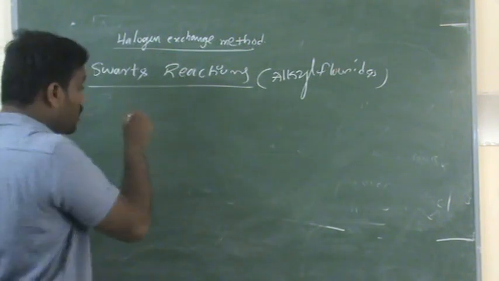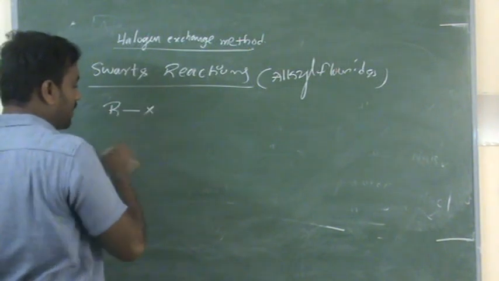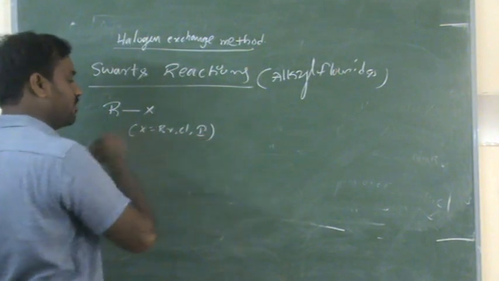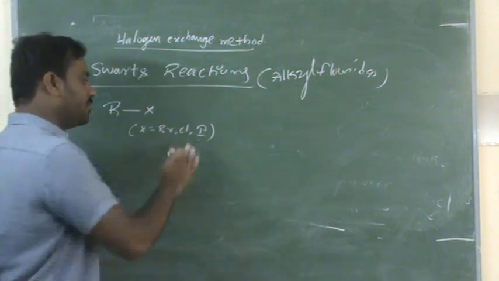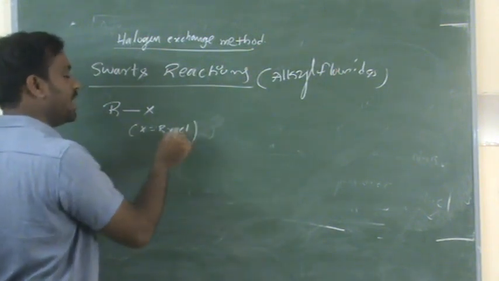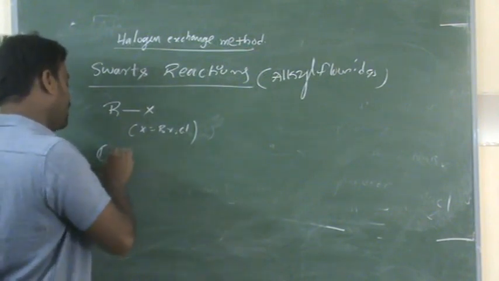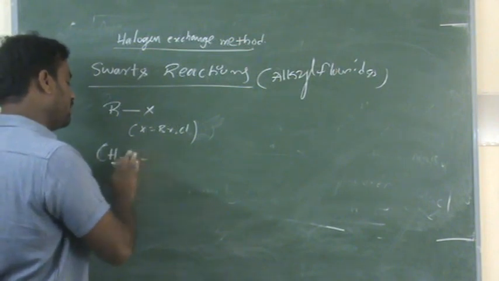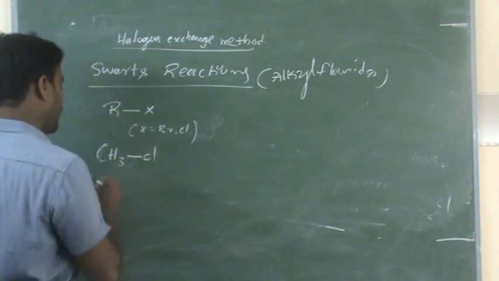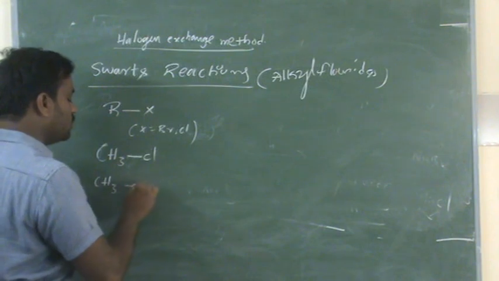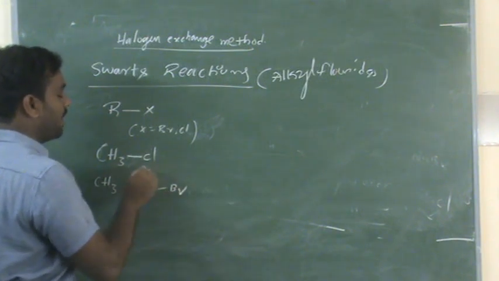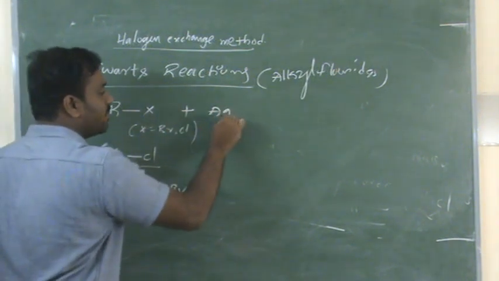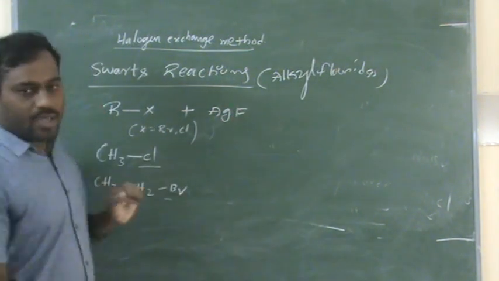In this, you can take RX. Here X may be Br or Cl, or it may be I also. In most cases you can take either Br or Cl. Means you can take CH3Cl, or you can take CH3CH2Br, either alkyl chloride or alkyl bromide. These react with AgF, silver fluoride.